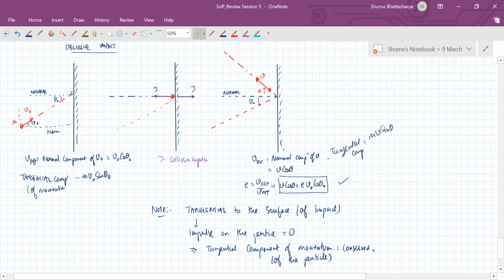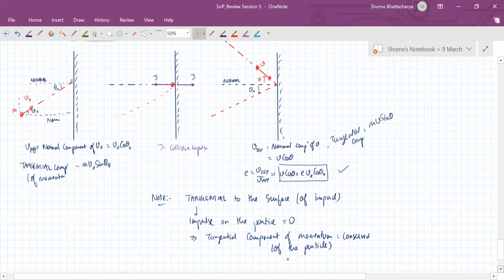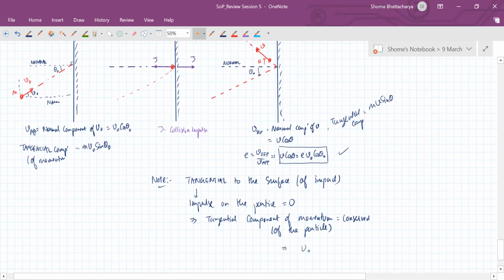So from this relation, we get that v sine theta is equal to v naught sine theta naught. This becomes our second equation.